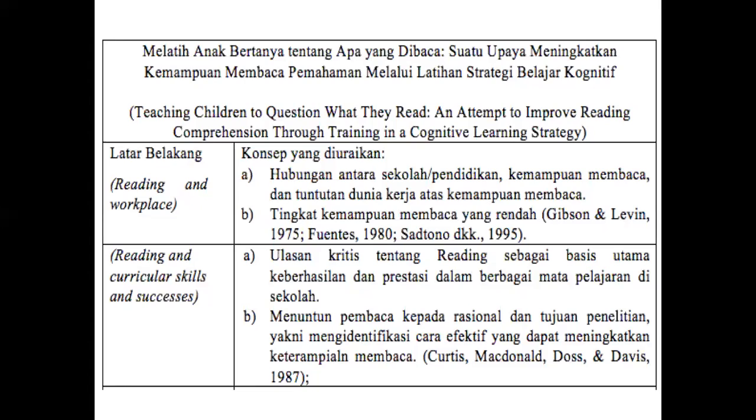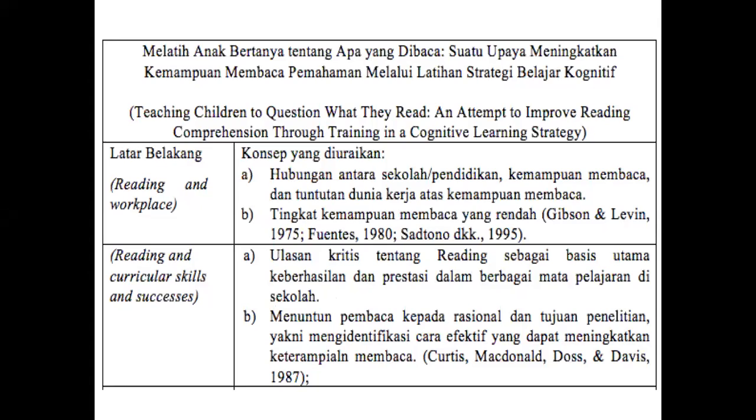And then the second one is the relationship between reading and curricular skill and success. So there has been a lot of research showing the relationship between reading ability and success in a lot of areas of study, reading and mathematics, reading and science, social science studies, and so forth.